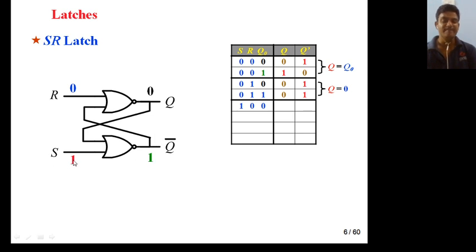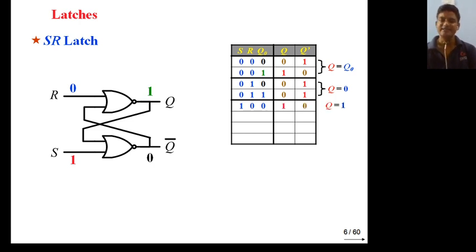If this is 1, if any one input of a NOR gate is high, the other value can be 0 or 1, you know the output will be 0. And 0 0, you know, it will be 1. So directly you can write down 1 0. So this value will be 1 0.